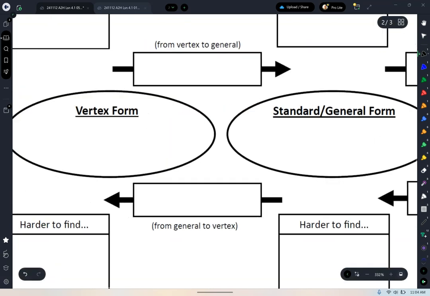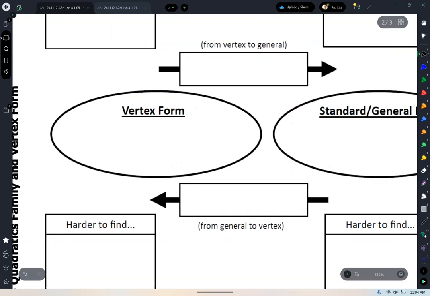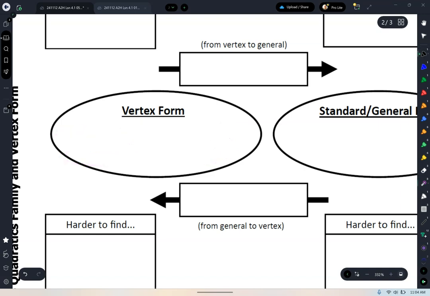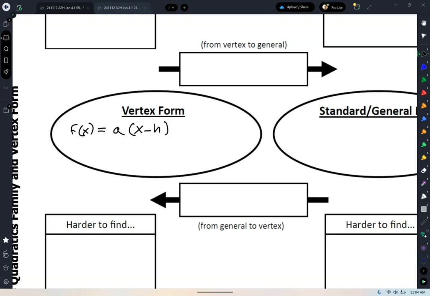Okay, so let's just start with jotting down vertex form. What we're going to do is write 2 functions in here. So we're going to write the first one here, and we're going to write the second one here, just for your spacing purposes. The first function that we're going to write down here in vertex form is going to look like this. We're going to say f of x is equal to a(x minus h) squared plus k.